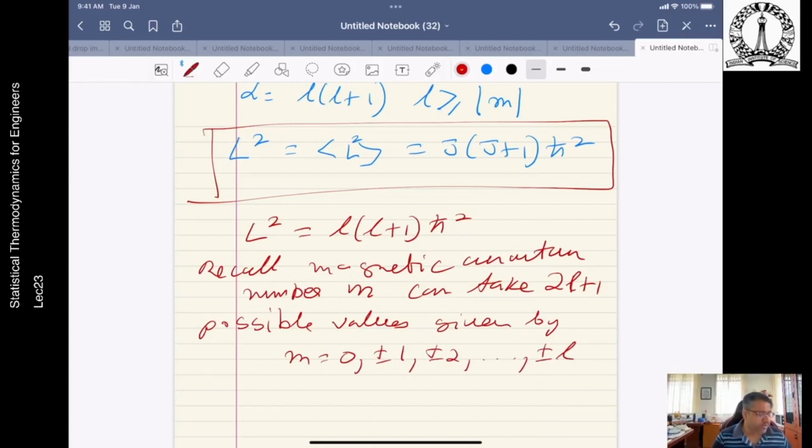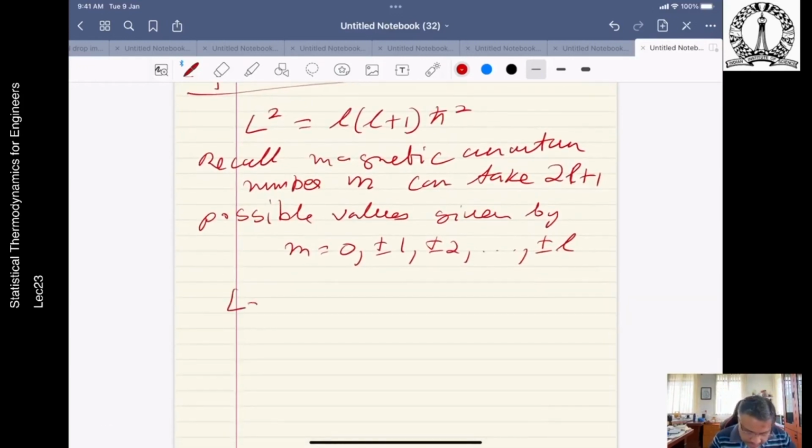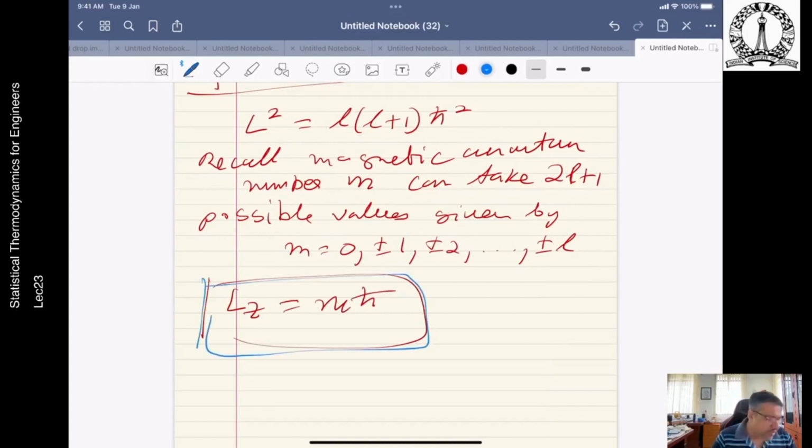If you recall, equation 6.56 from the book, that equation you can replicate. Again, by using the previous forms, if you recall, we defined Lz equal to m h bar, that is, the z component of the angular momentum.